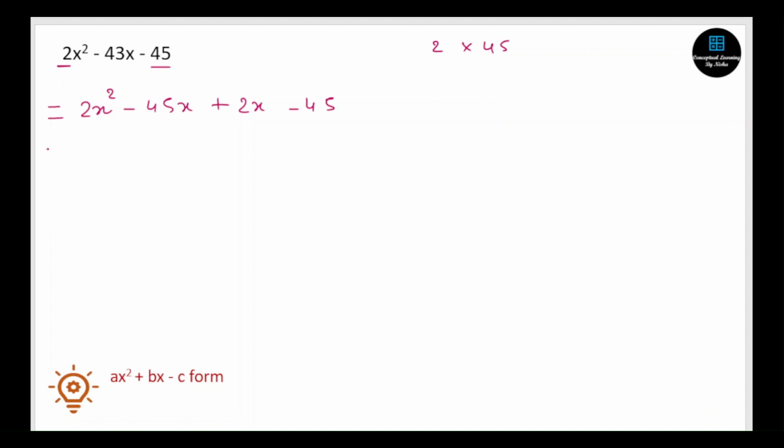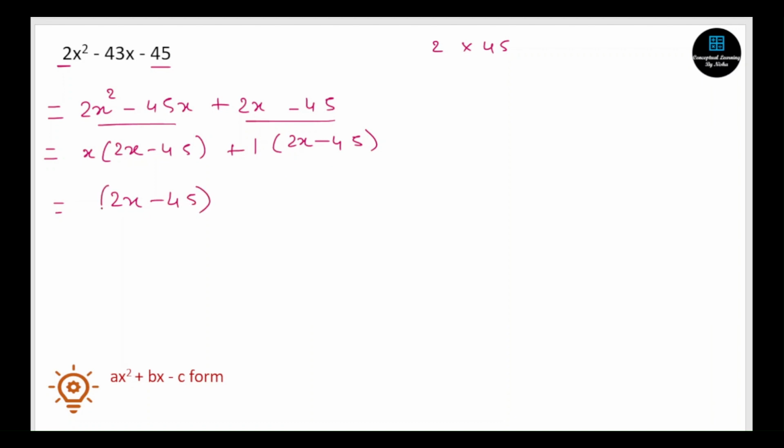Correct? So I'll write this with a common factor, grouping and factoring. I'll write x as a common factor. We'll get 2x minus 45, plus 1 only common, 2x minus 45. Okay, so we'll get 2x minus 45 and x plus 1.